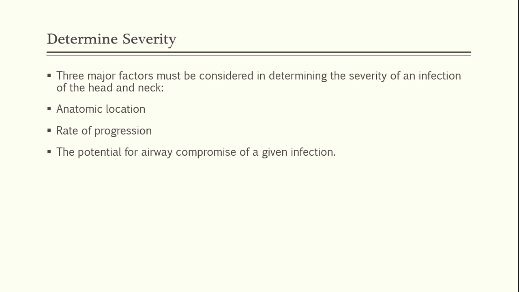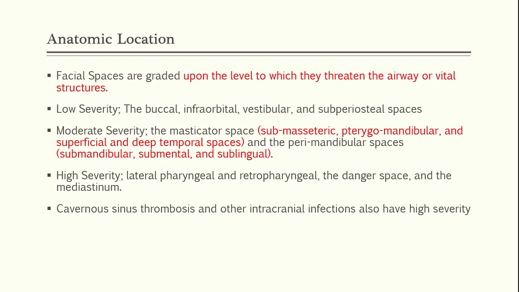For the anatomic location, we have low severity infections like the vestibular space infection, canine space infection, and buccal space infection. These are considered low severity because they only affect the local site. There is no threat to the airway or to vital organs. Then the moderate severity, like the submandibular space, the pterygomandibular space, the masseteric, superficial and deep temporal spaces, submental, sublingual spaces, and so on.